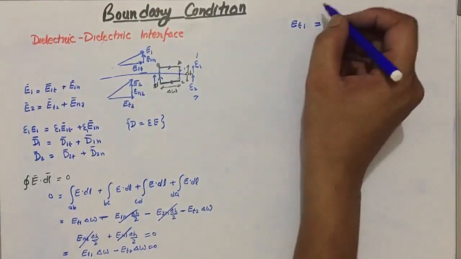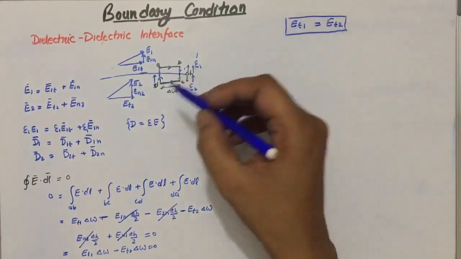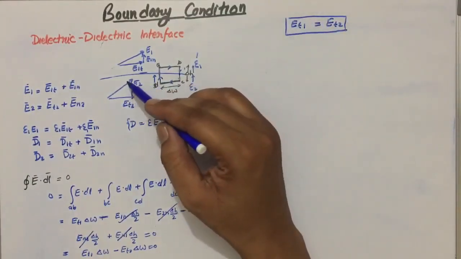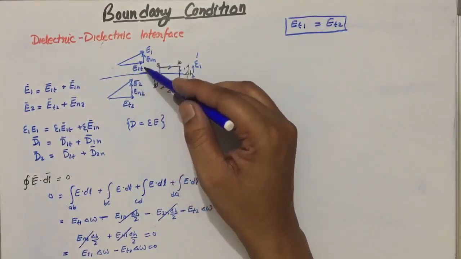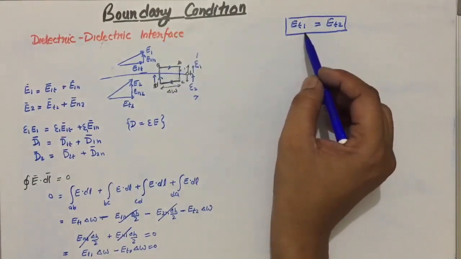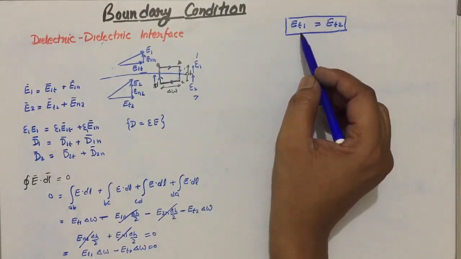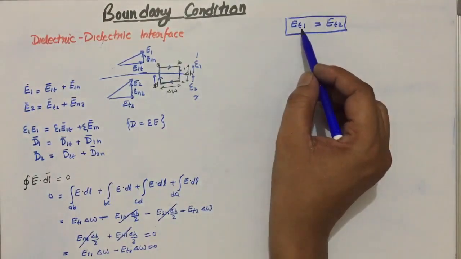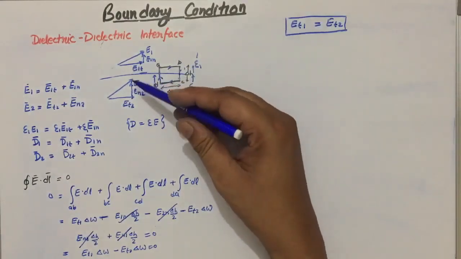What can you conclude from here? You can say from here that if your electric field changes the medium, then its tangential component remains the same. Okay, so it is continuous if it changes the medium.